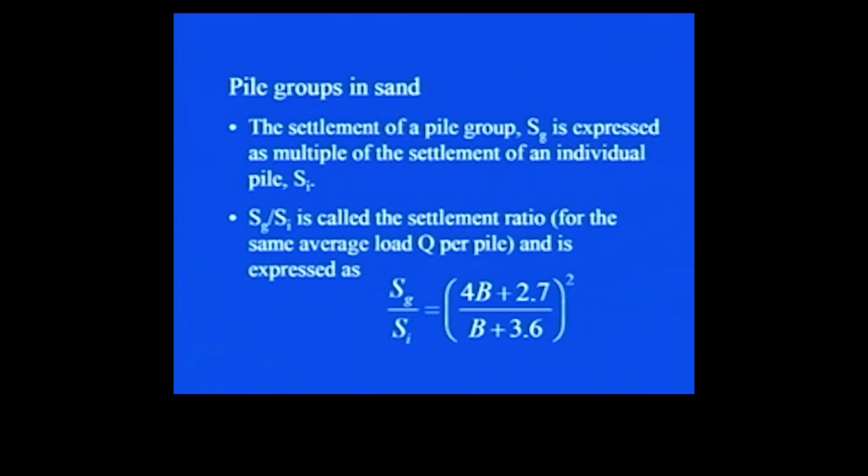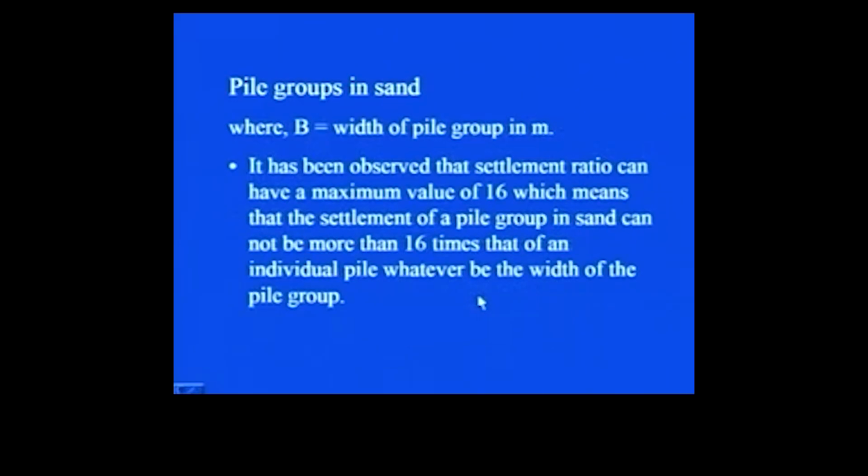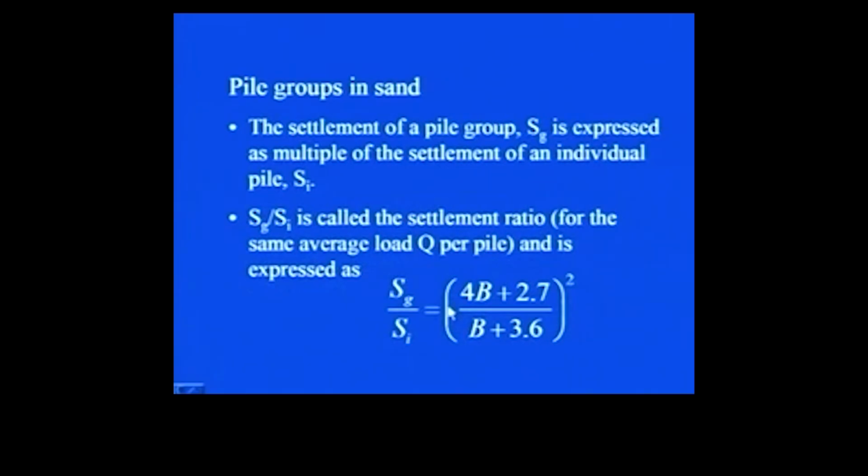In any case, although here it is apparent that this ratio Sg by Si is dependent on the width B of the pile group, the limiting value is 16. So, in case this ratio is becoming more than 16, then you have to restrict this ratio to 16 only.